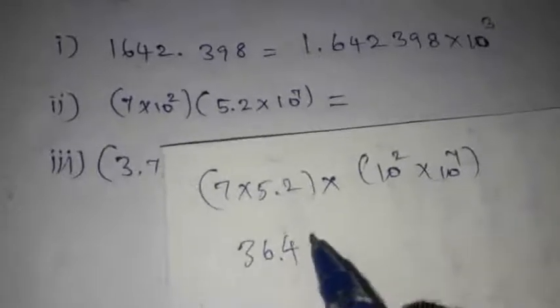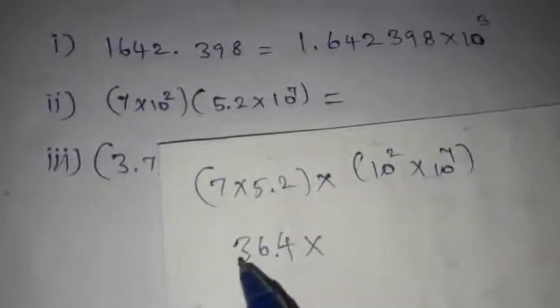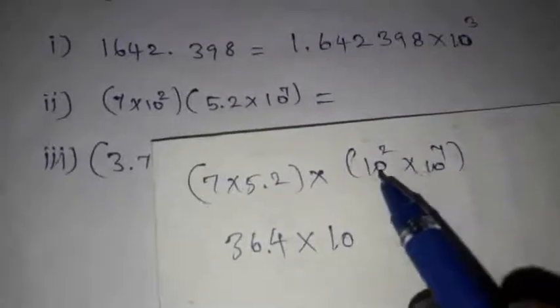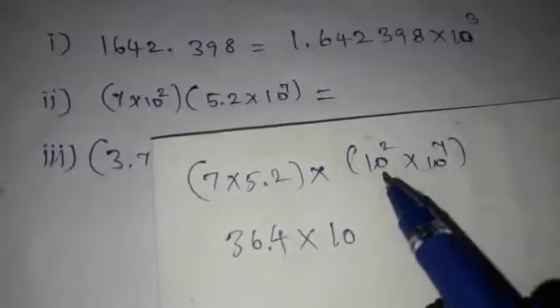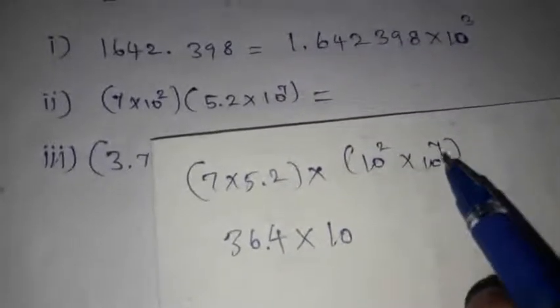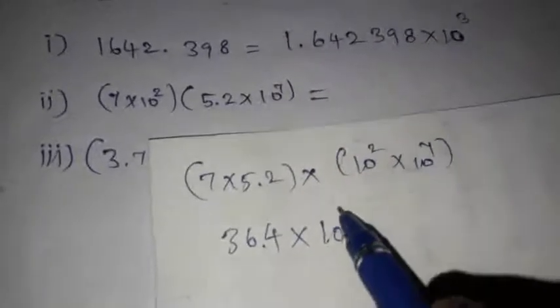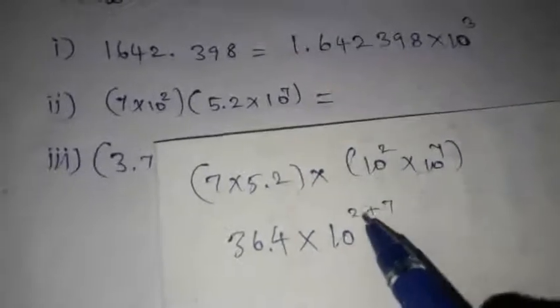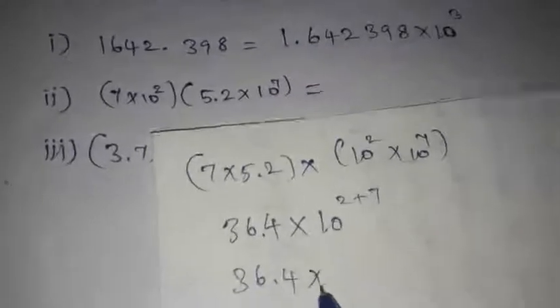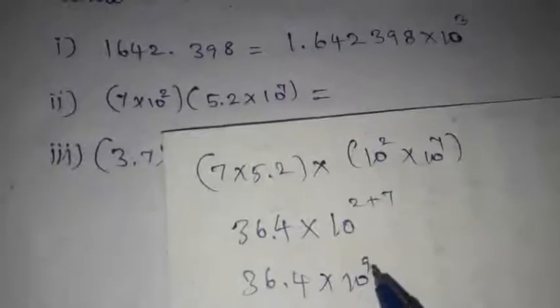You have to put a dot here. So it will become 36.4 into 10 to the power. Look at here. The bases are equal. So we can use the product law here. a power m into a power n equal to a power m plus n. So 2 plus 9. The answer will be 36.4 into 10 to the power 9.